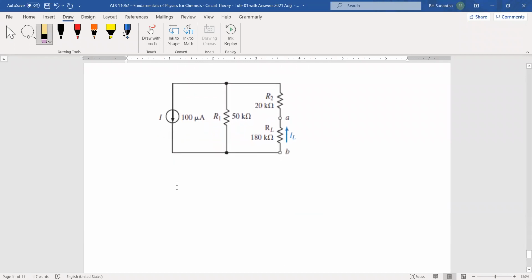This one. And this is the component we are going to remove. And now we can redo the circuit.